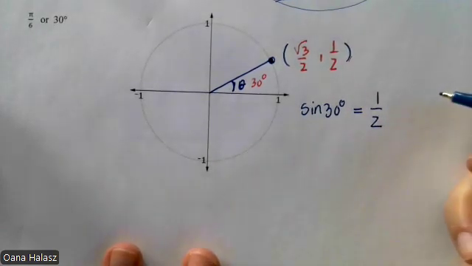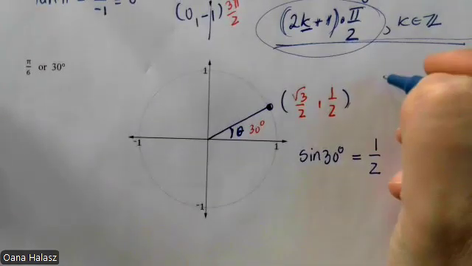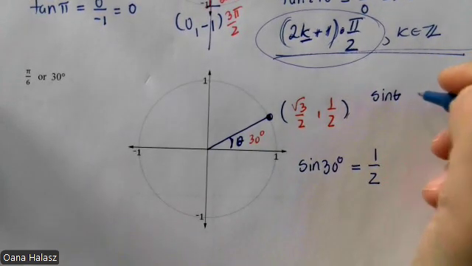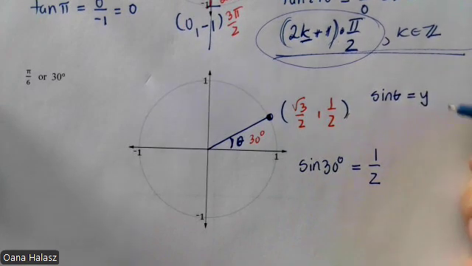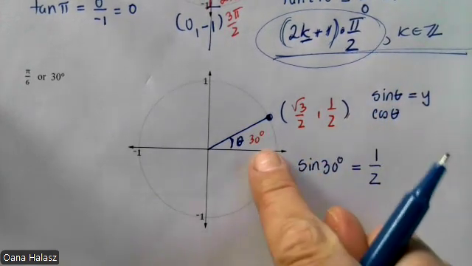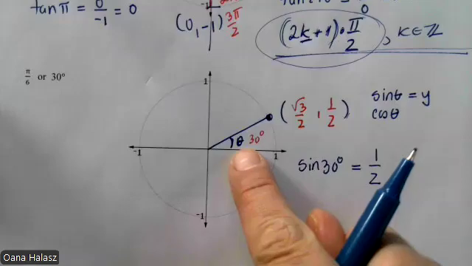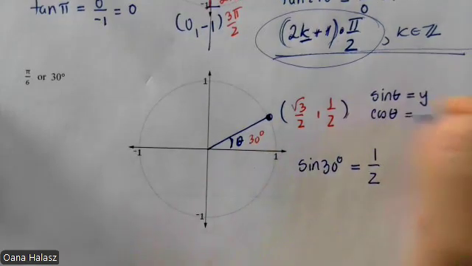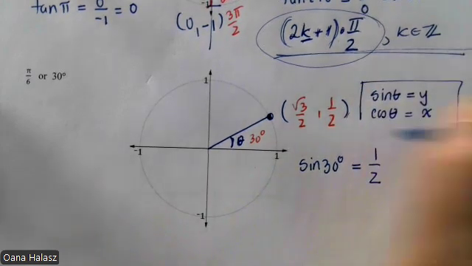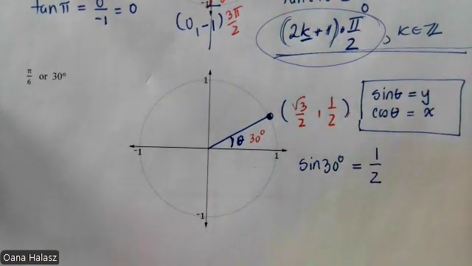Why? Because sine of an angle on the unit circle is the y coordinate of any point on the unit circle. And the cosine of any central angle on the unit circle, the way we draw it here, is the x coordinate. That's really all you need to know about the unit circle. If you know that, you know 80% of the things that you will do with the unit circle.